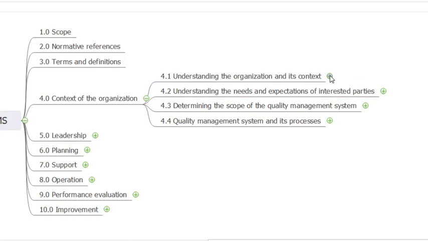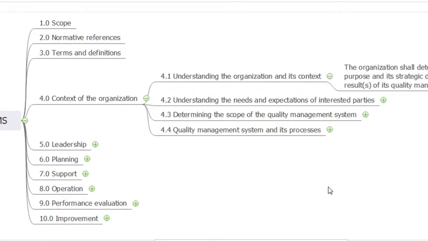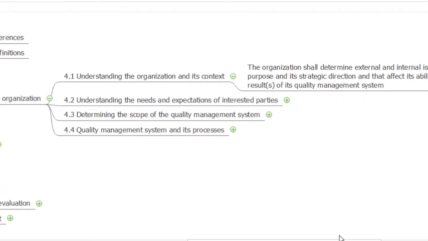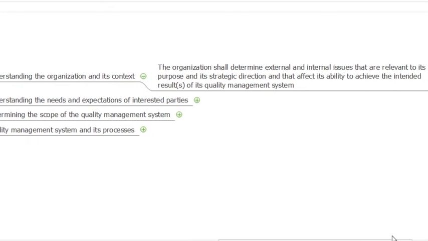Now, clause number 4.1. First of all, I would like to tell how we understand the requirement of the standard, and how we know which document we have to prepare.